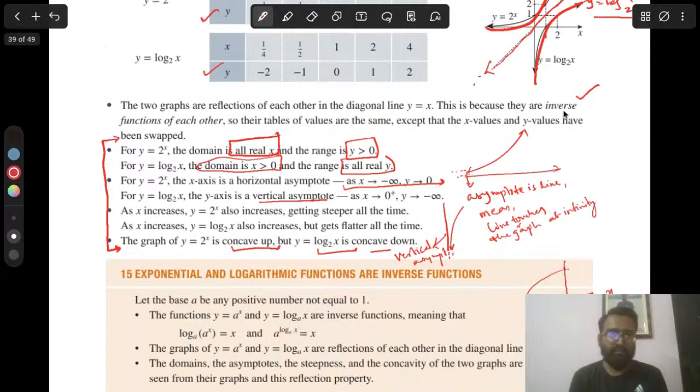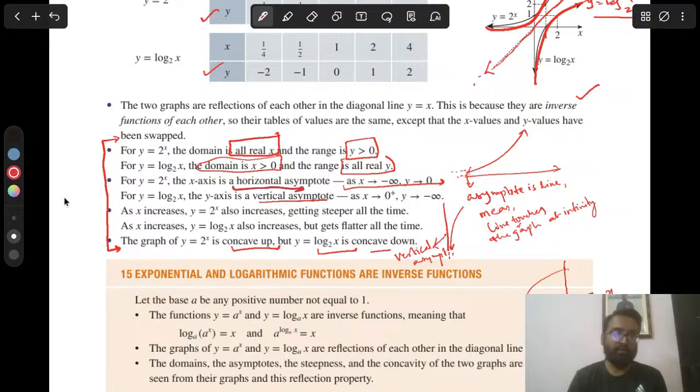And these are the further restrictions, domain and range. Domain and range values of 2 power x, log x base 2, and how the asymptotes will work here, vertical asymptotes, and increasing, decreasing, concave up, down.